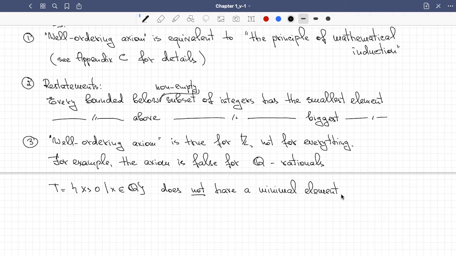The reason is very simple: it would be 0, but 0 is not here.